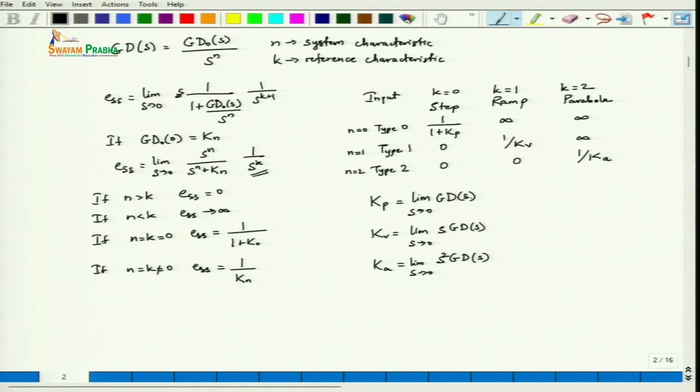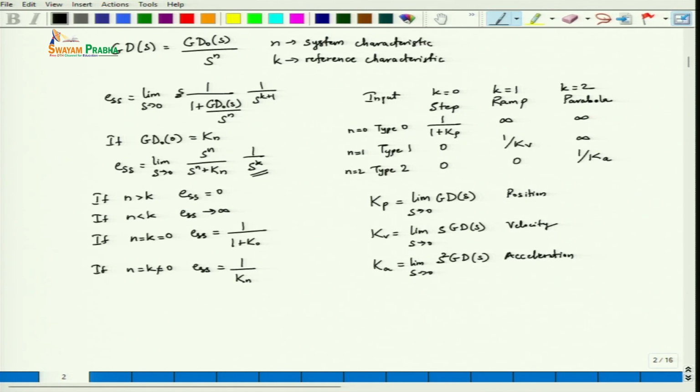Here, for simplification of notation, we have just written s only in d, but it is acting on both, so it is g of s into d of s. So these are the error constants: this is the position error constant, this is the velocity, and this is the acceleration constant.